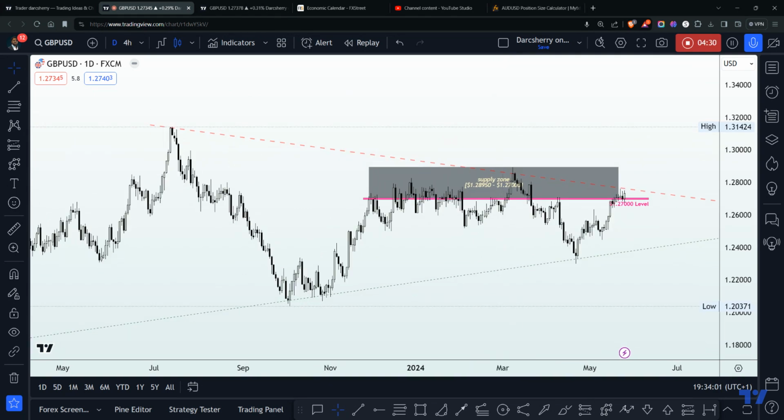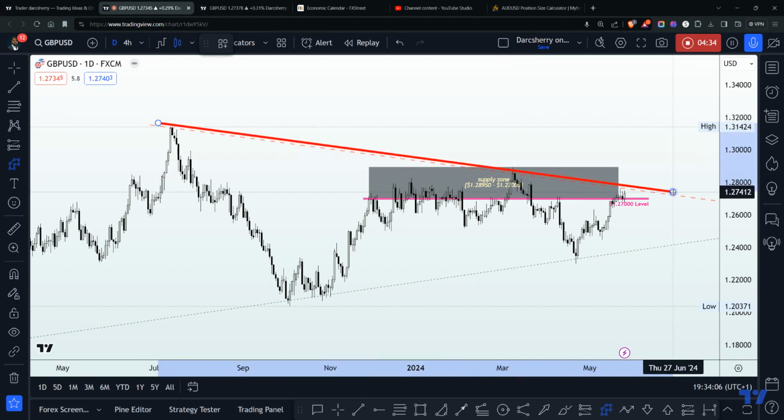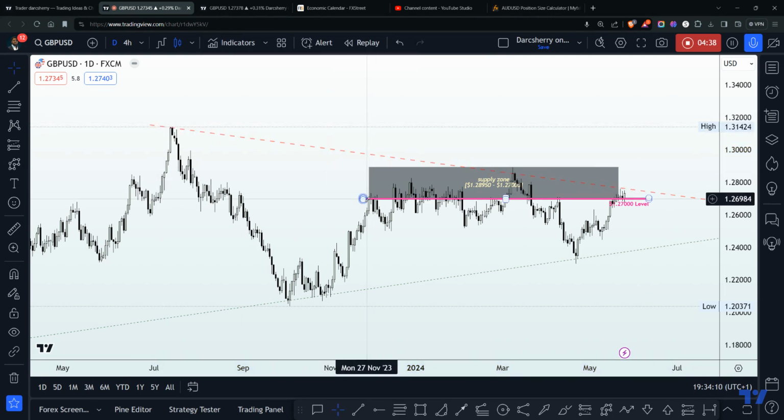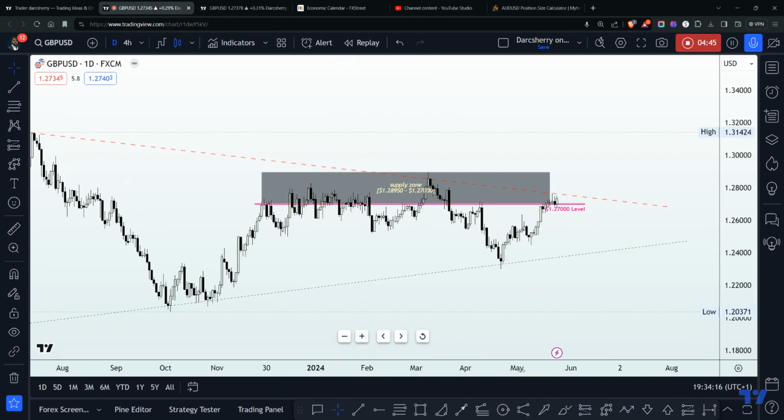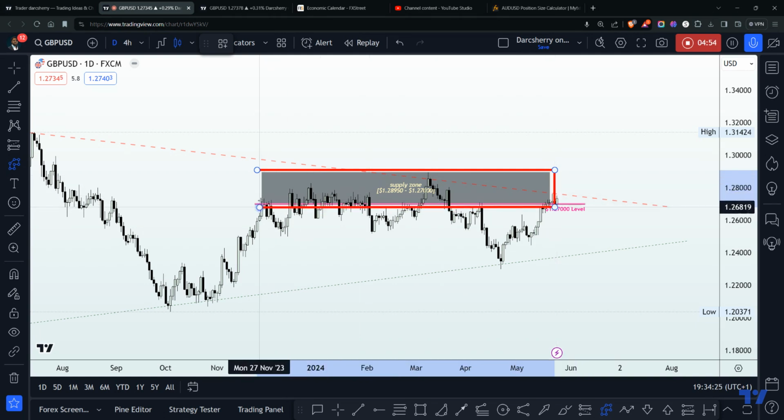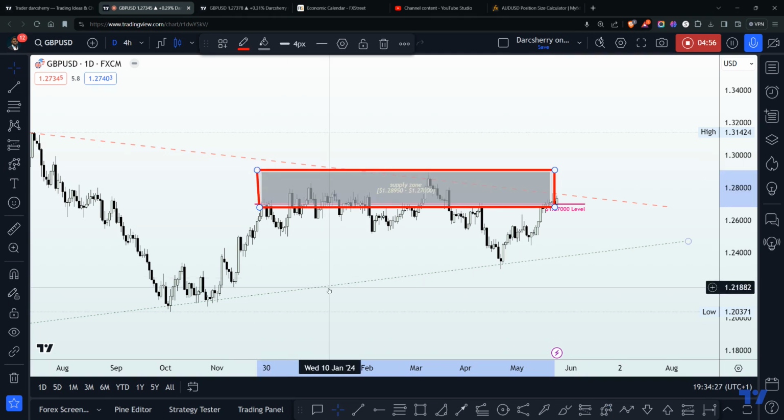And as a result of this, I connected a series of lower highs, giving me this beautiful descending trend line. And zooming into the last 6 to 7 months, you will see that buyers have found it difficult to break through the zone between the 1.2895 and of course the 1.27 area, emphasizing the strength of the sellers at this particular point in time.